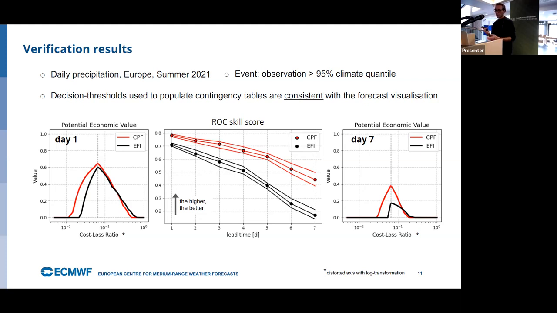And we see that there are some users that might stick to using the EFI, in particular if they want to be very confident before taking any action. So if they want a probability of 90% at day 7 to take action, they should stick to the EFI. For other users, it might be interesting to look at the crossing point forecast as well.